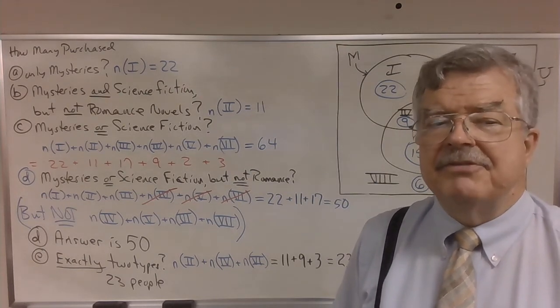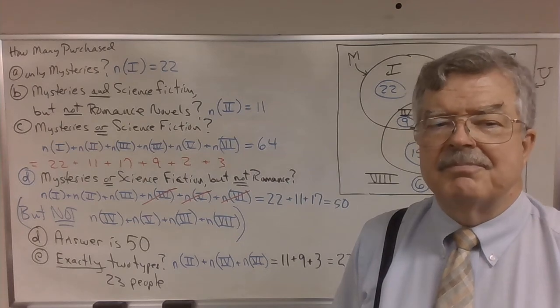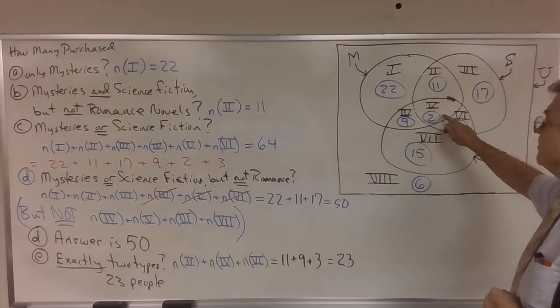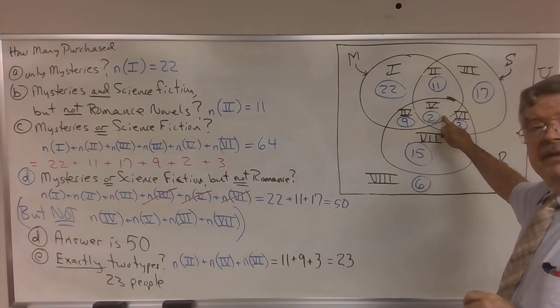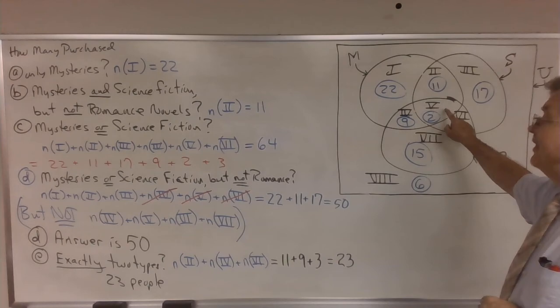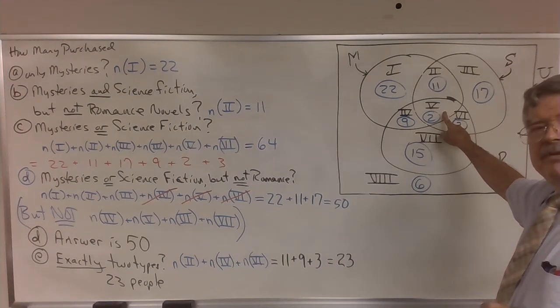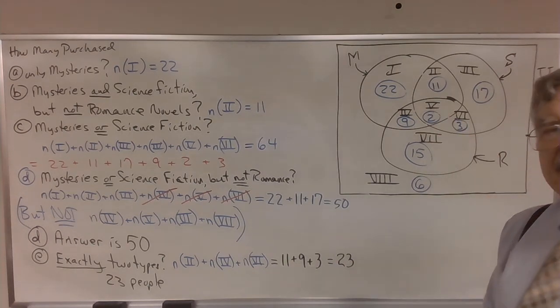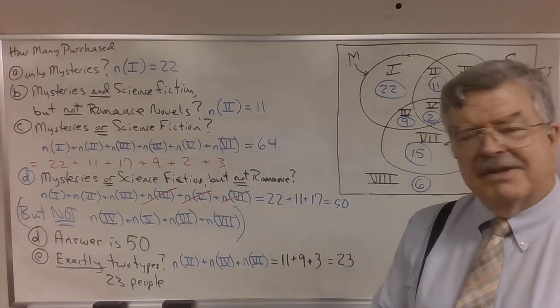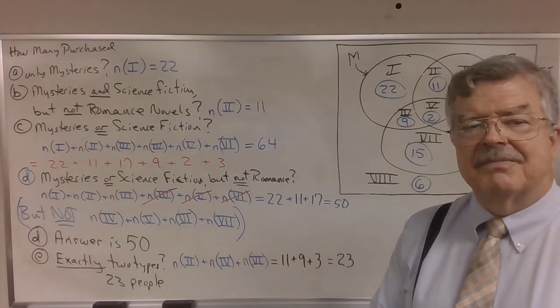The key piece of information in this exercise was that exactly 2 people read or purchased all 3 kinds of books. That gave us the number of people in region 5, and from there, bit by bit, we were able to figure out everything else.